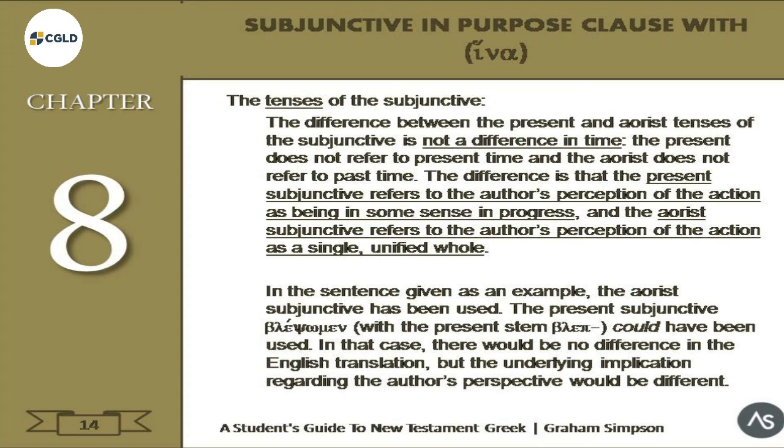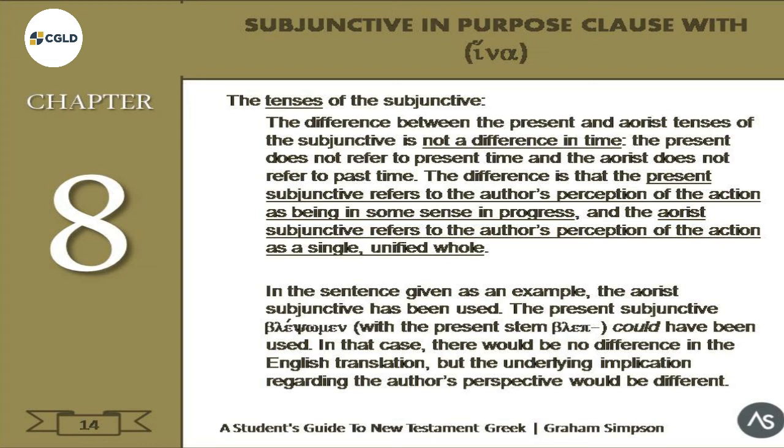The difference is that the present subjunctive refers to the author's perception of the action as being in some sense in progress, and the aorist subjunctive refers to the author's perception of the action as a single and unified whole.